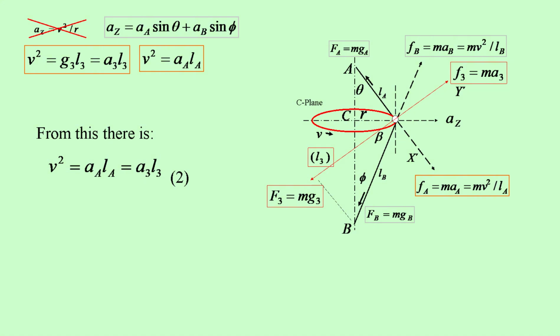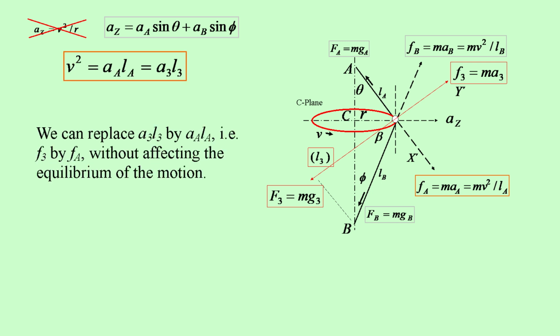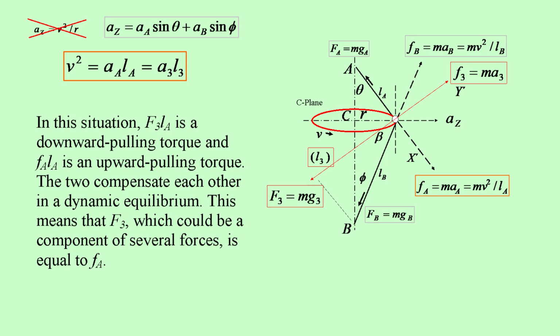From this, we can replace A3L3 by AALA, i.e. F3 by Fa, without affecting the equilibrium of the motion. In this situation, F3LA is a downward pulling torque and FALA is an upward pulling torque.